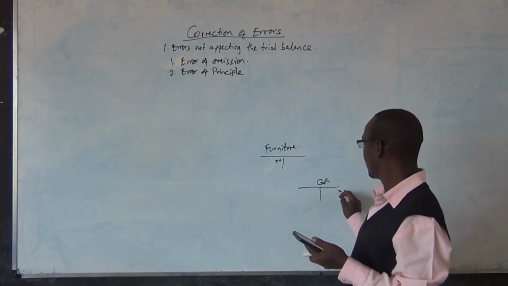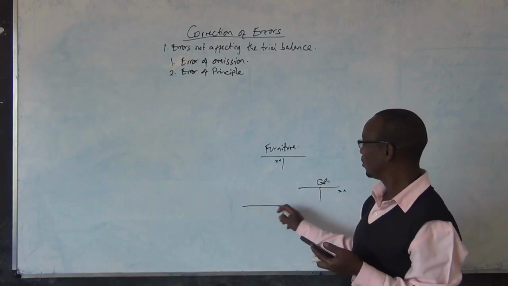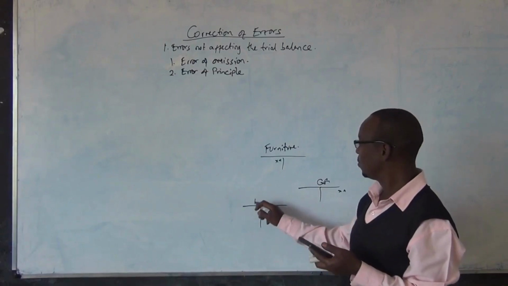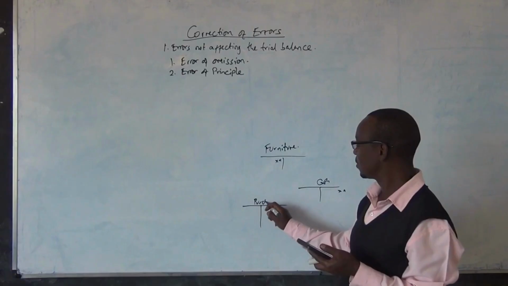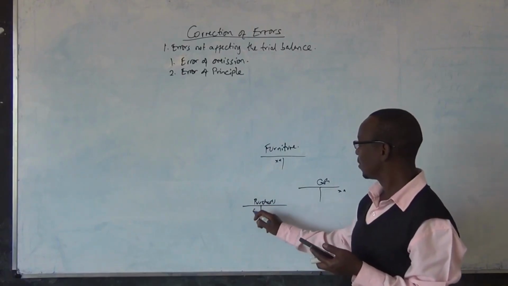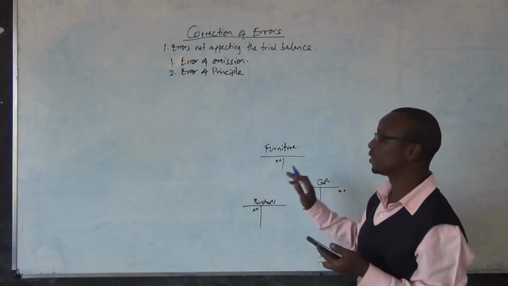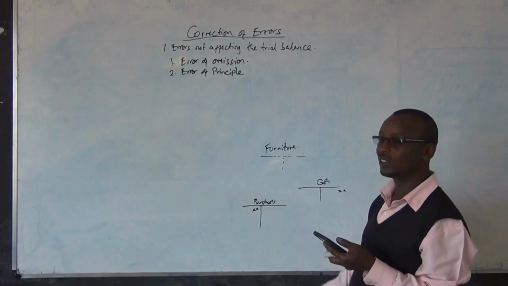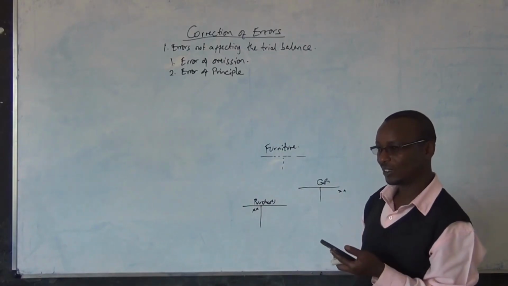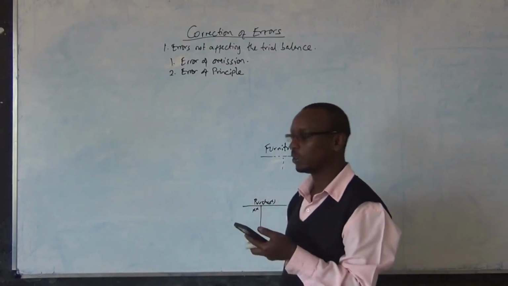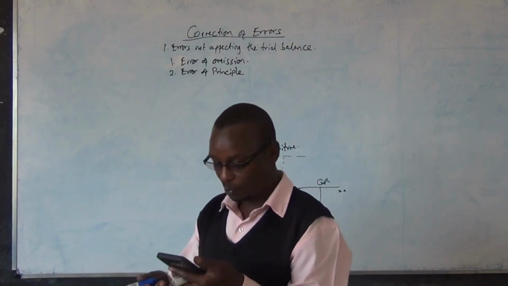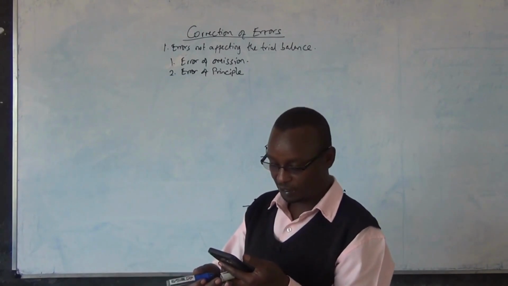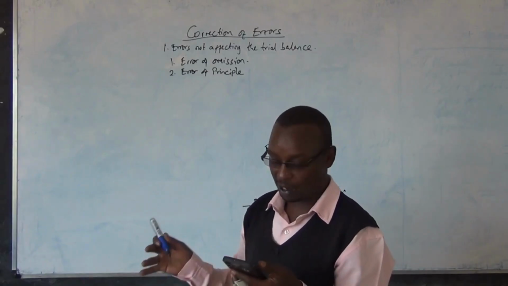But instead, you debited purchases and credited cash. So when you extract the trial balance, it balances, isn't it? So that is the error of principle, when we place the transaction in the wrong class of accounts.